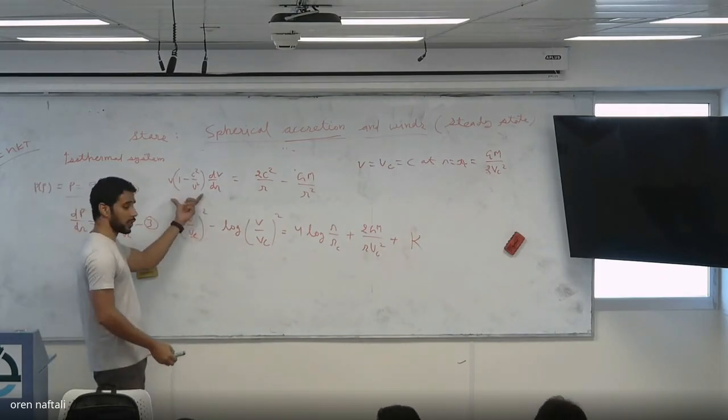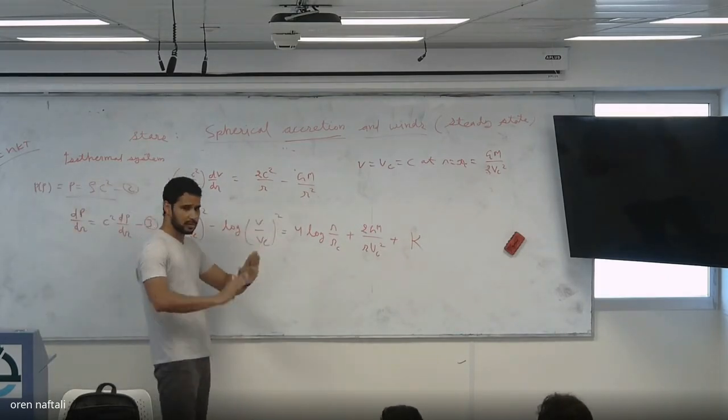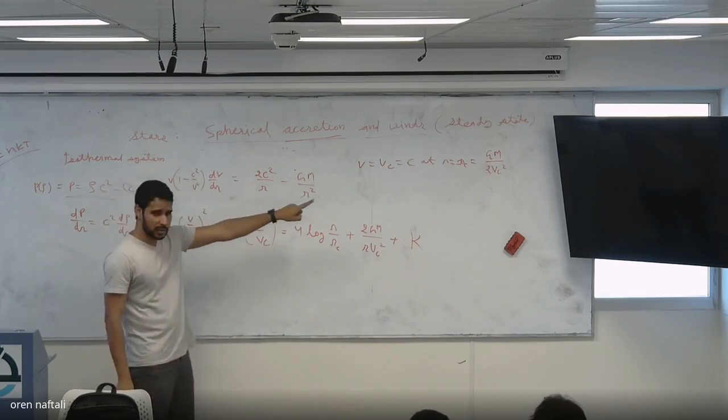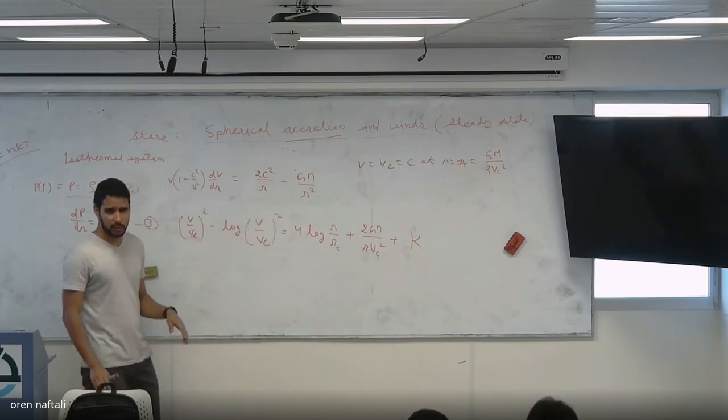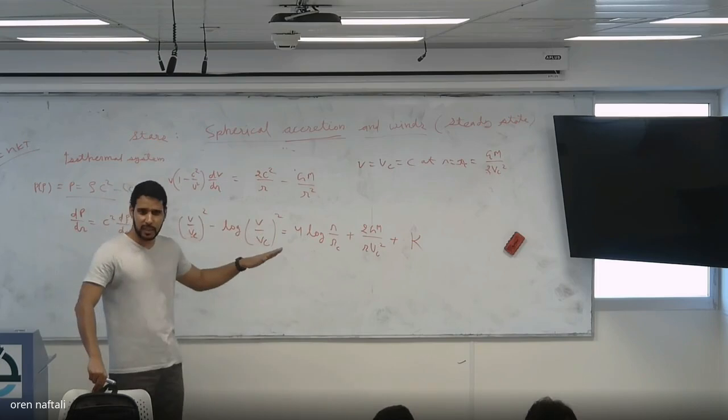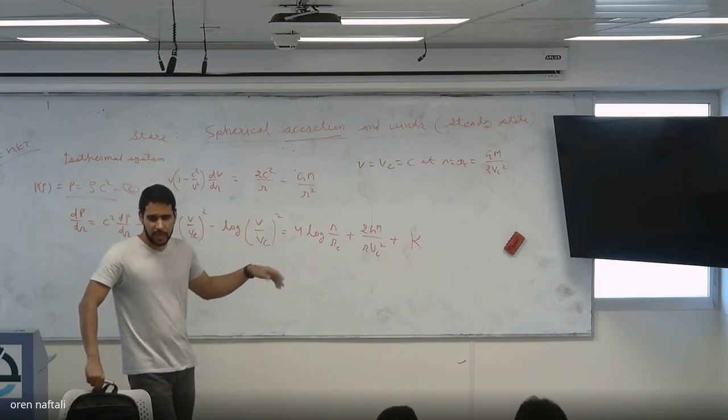The left hand side is a function of velocity, the right hand side is a function of r, perfectly integrable. Put in the boundary condition, and this is the solution. This is the whole exercise I gave in the assignment, but I have 90% solved it for you.